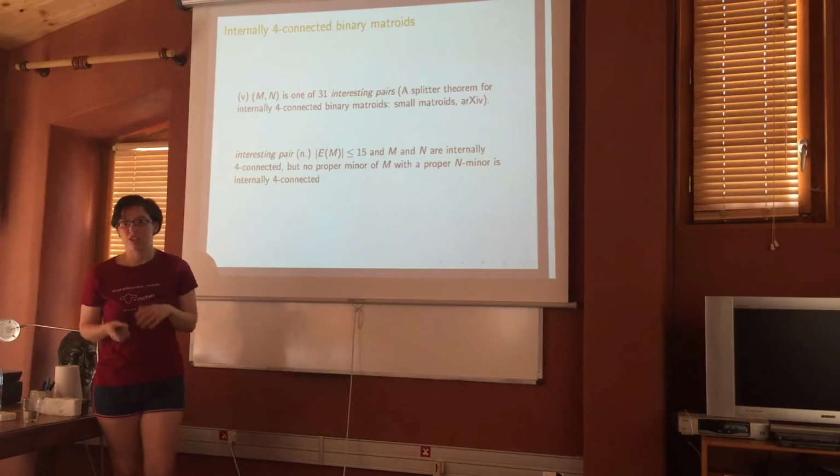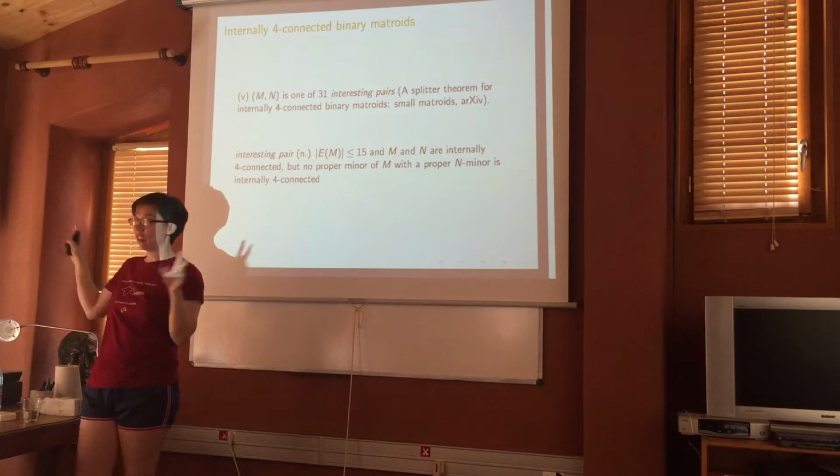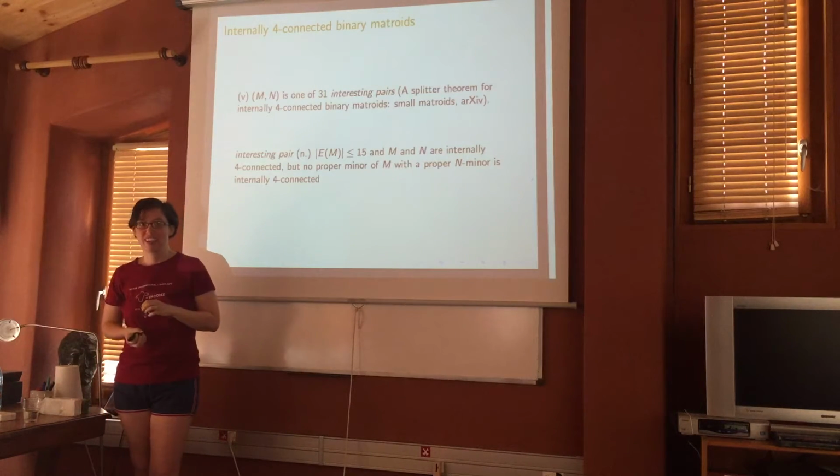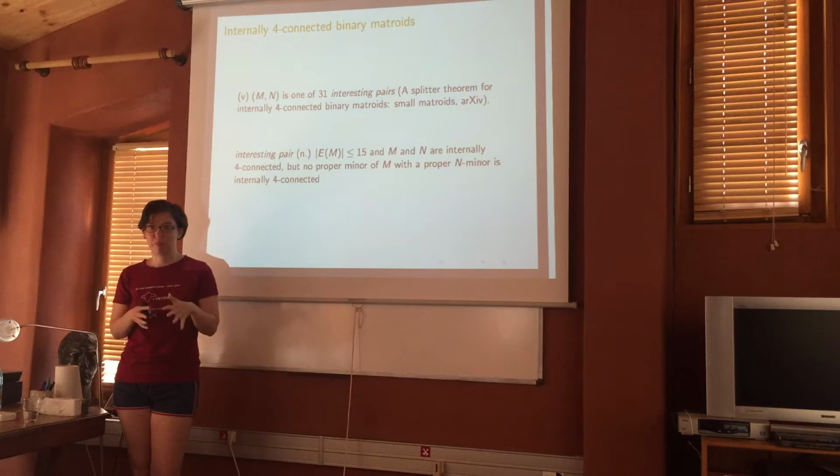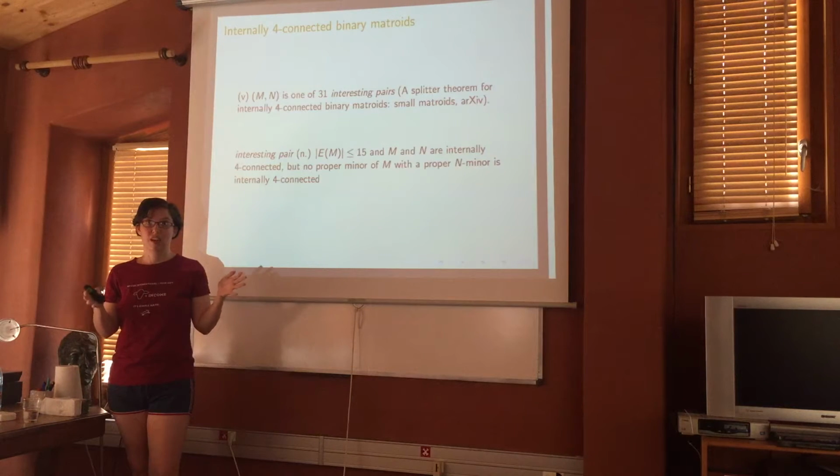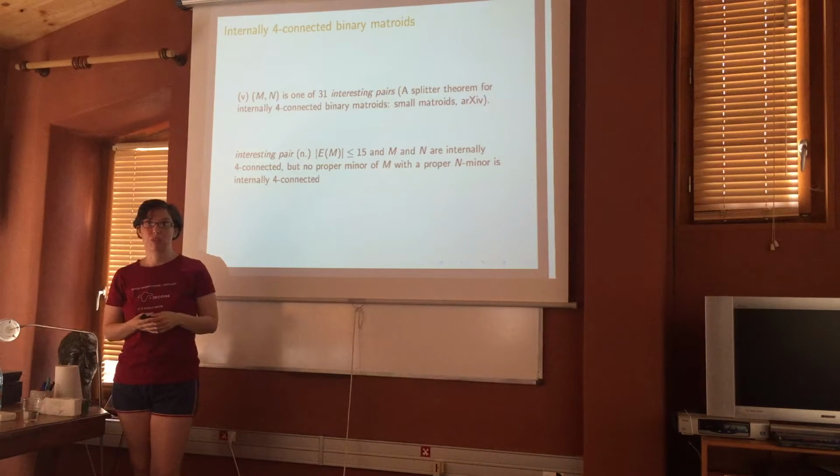And the last option that you can have in our theorem is you can be an interesting pair. So in our first 7 papers, we deal with matroids that are 16 or more elements. And it's just a really convenient bound.